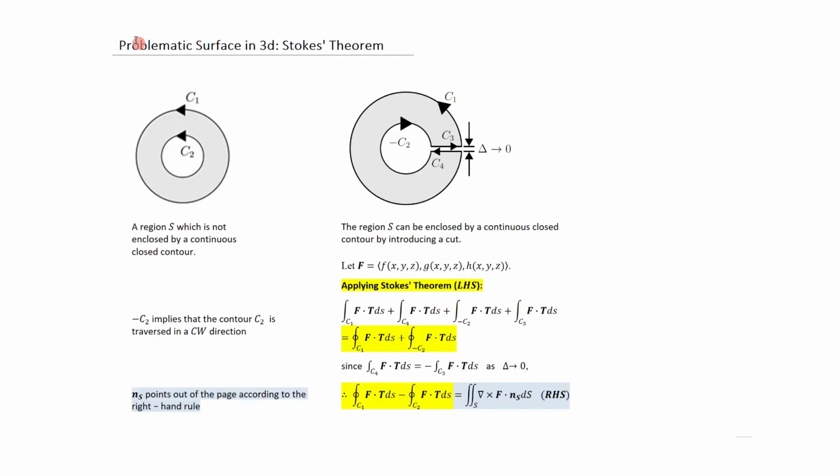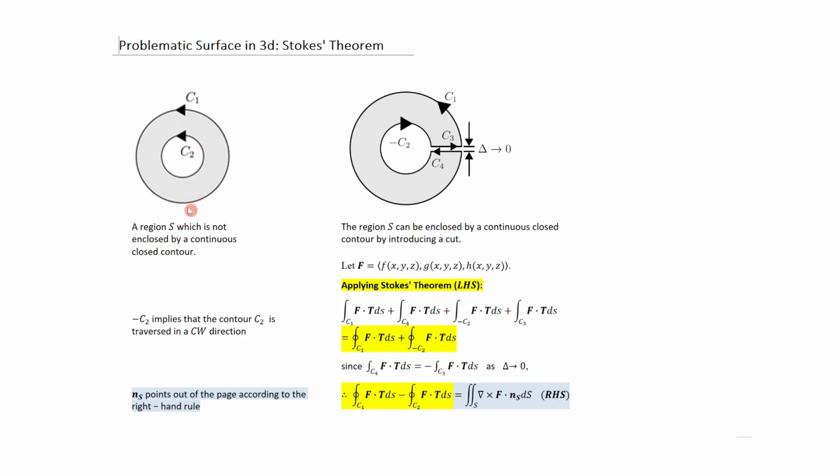All right, so let's actually consider the case of 3D and a problematic surface. In this case, we're talking about applying Stokes' theorem. So this is the surface that we're dealing with. This could be a planar surface, it could be a curved or deformed surface in a 3D setting, but it's simpler to just represent it as a flat surface here.